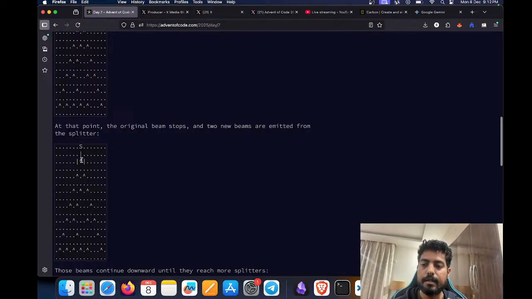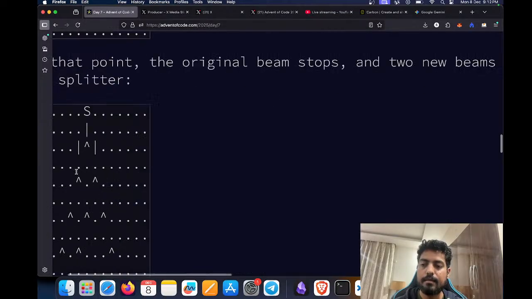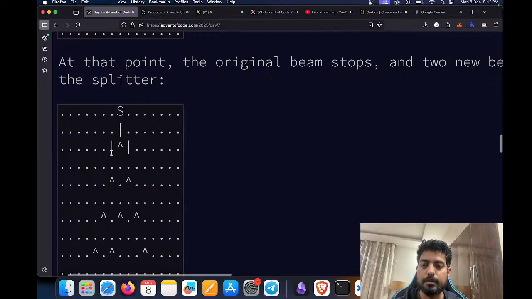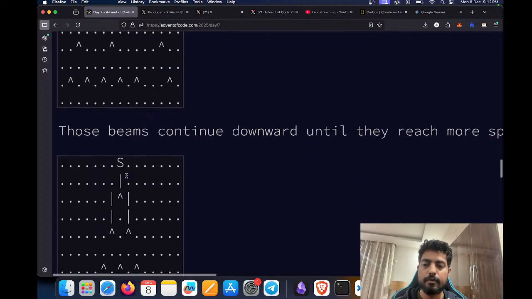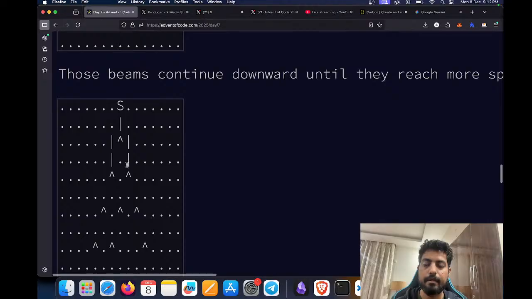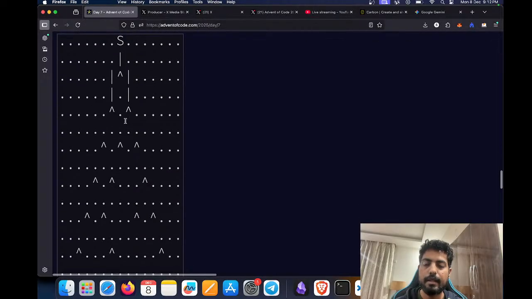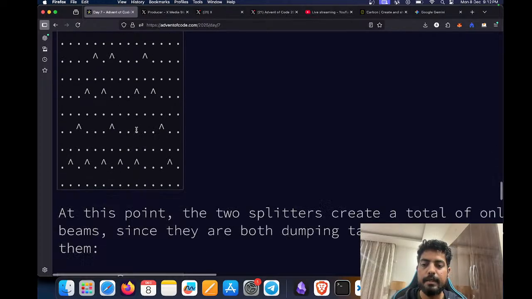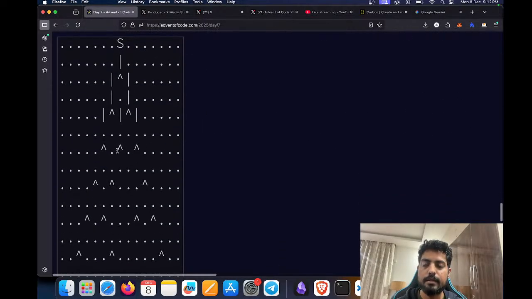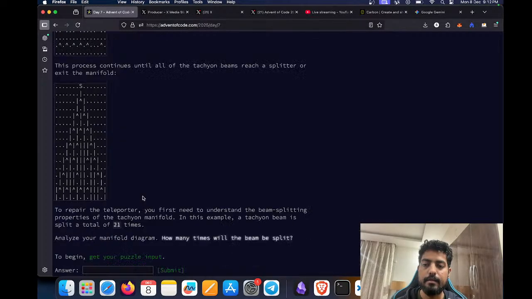So if there is a splitter at this position, then the ray goes, in the same row, to the j minus 1th column and the j plus 1th column, and it starts going downwards. So it will keep going downwards in the same way, and all these dots are empty spaces. And once it again sees a splitter, it will split into two again. And this way it will just keep on traveling down until it reaches the end.